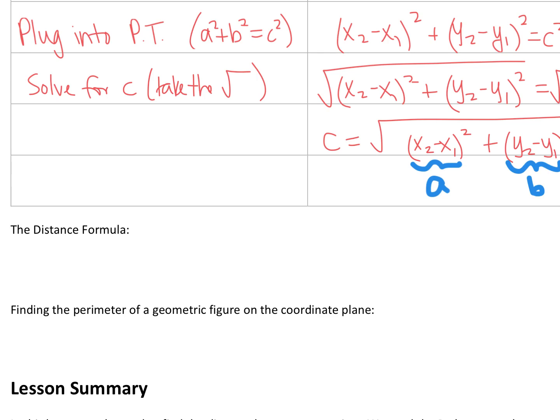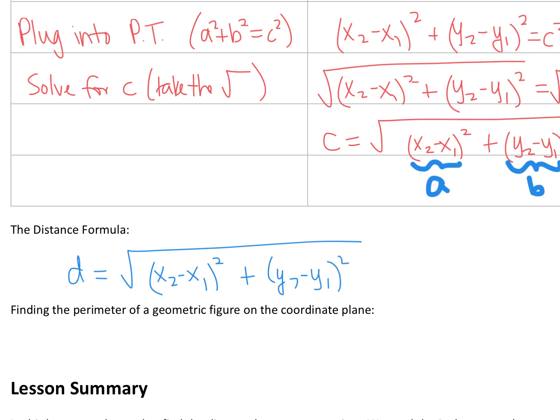The distance formula says the distance between 2 points, or the length of the hypotenuse C. The distance formula uses D, but that's the same as C, and is the square root of x2 minus x1 squared plus parentheses y2 minus y1 squared. Again, same thing as Pythagorean's theorem.